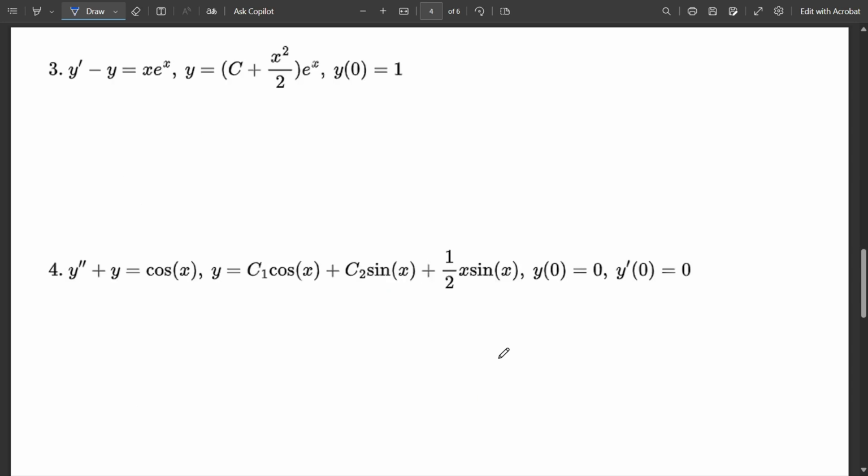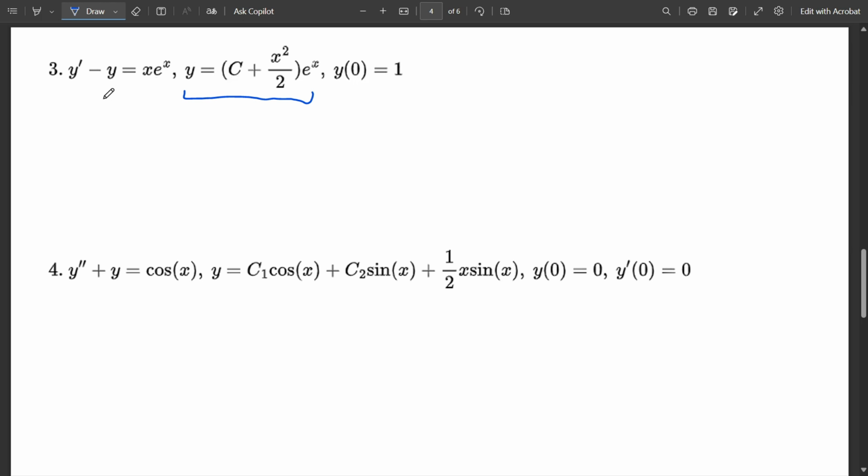Next, we have y prime minus y equals x e to the x, with the proposed solution y equals c plus x squared over 2 times e to the x, and y initial equals 1.